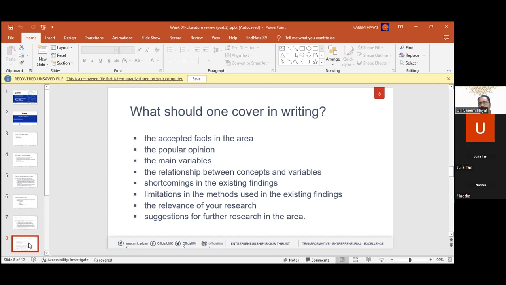There may be multiple variables for one concept, and how you select one variable to operationalize the concept is a critical thing to keep in mind.